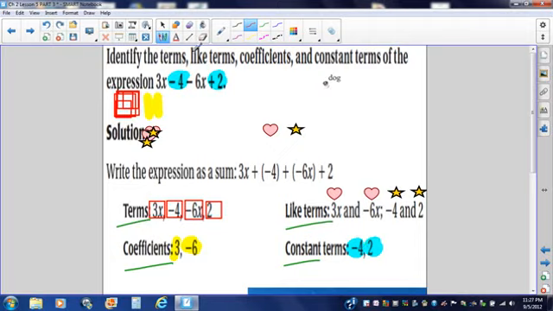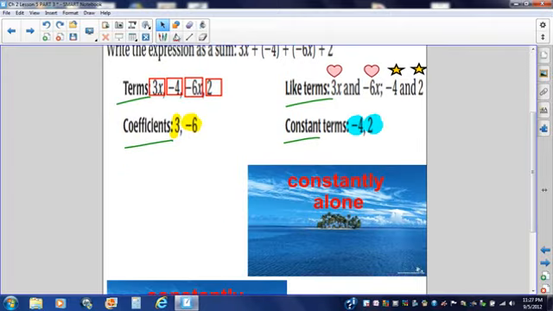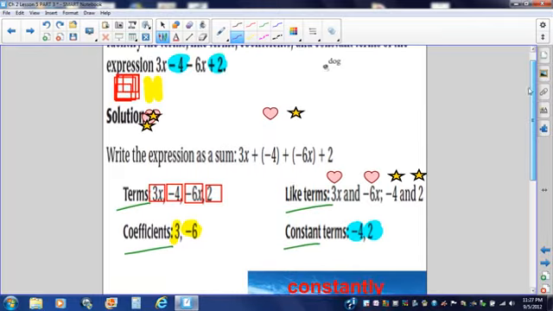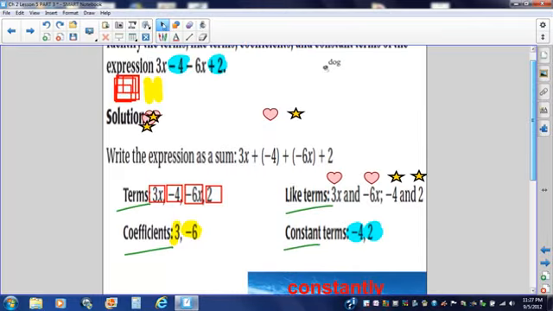Negative 4 and positive 2 are our constants. Why? Because negative 4 is constantly alone, and 2 or positive 2 is constantly alone. They can never find a variable to shack up with.